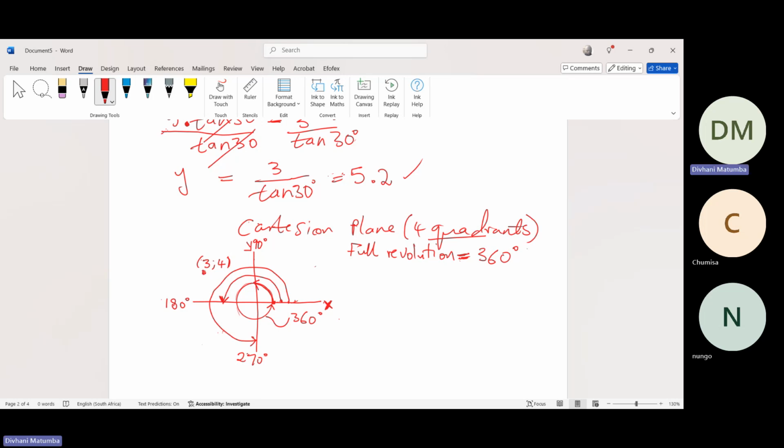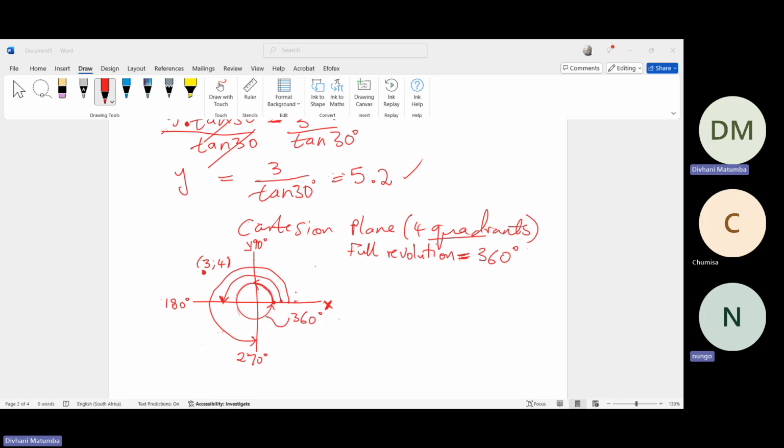Would this coordinate make sense? Nungo, does it make sense? Yes. Okay. Unfortunately, it doesn't make sense.